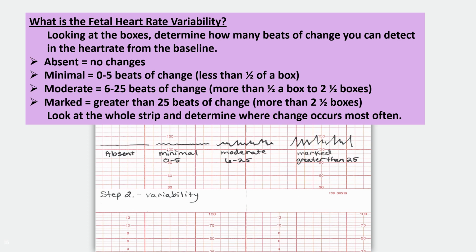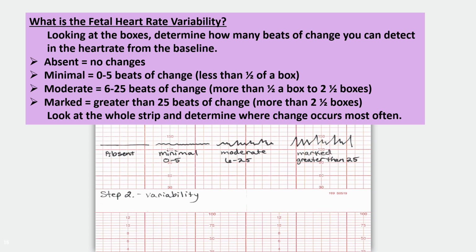We think it may be related to development of hypoxia or hypoxemia, but there's really no studies that clearly identify what causes marked variability. Now, a couple of things that you might see with that is if they have an internal monitor, a fetal scalp electrode, which is an internal fetal heart rate that we put on the baby's head with a little corkscrew metal device, and I'm going to show you a picture coming up soon about that.